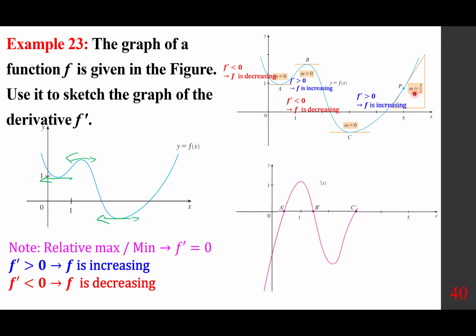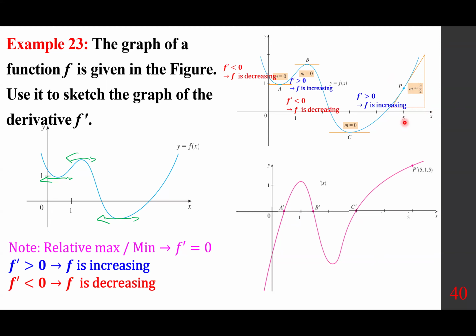I want to discuss this point, and that is the following. They pick a point and they do their best to draw a tangent line, and then they calculate the slope by picking a couple of points. The slope is 3/2, right?